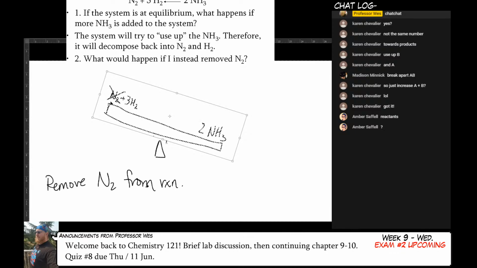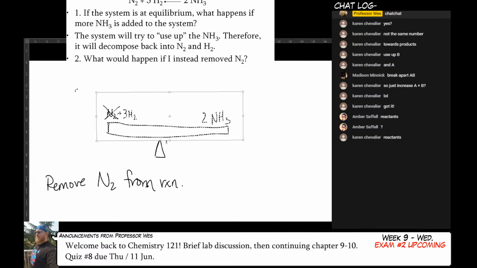Good, yeah, I would move towards reactants because if there aren't any there, I can't use them up, right? Now, I didn't use all of them, but on the assumption that I did, I would have to turn some of the ammonia back into this stuff to get it back to normal. So what does the reaction do?